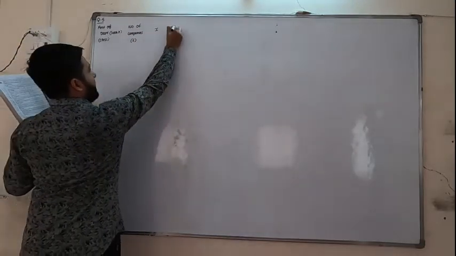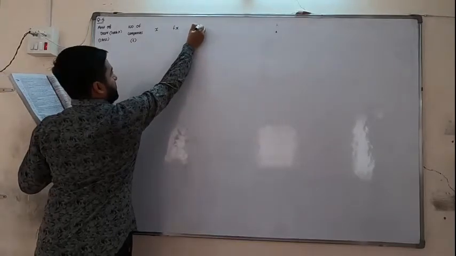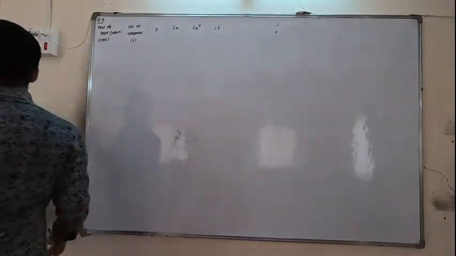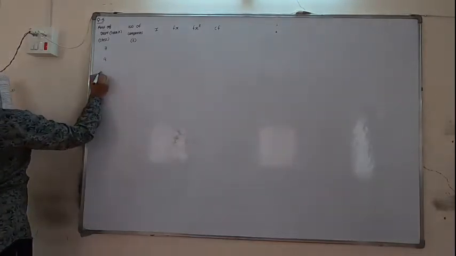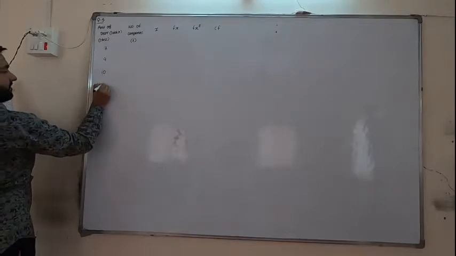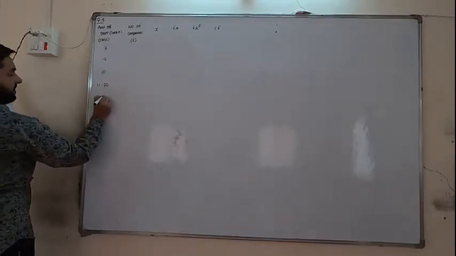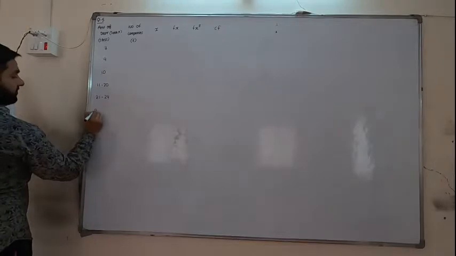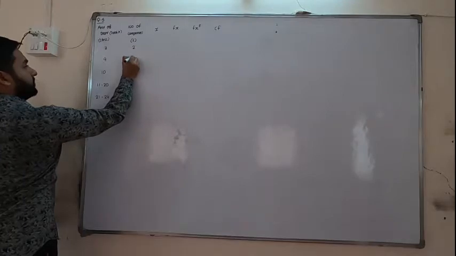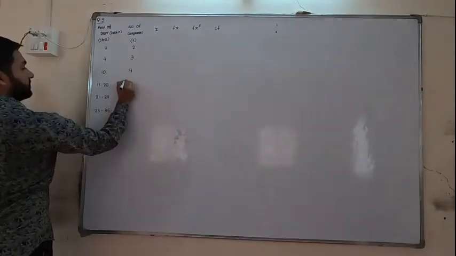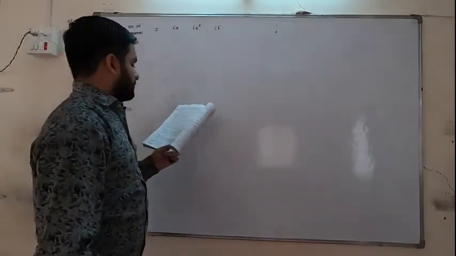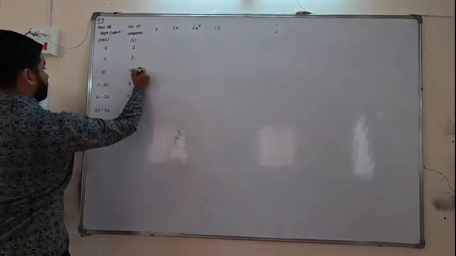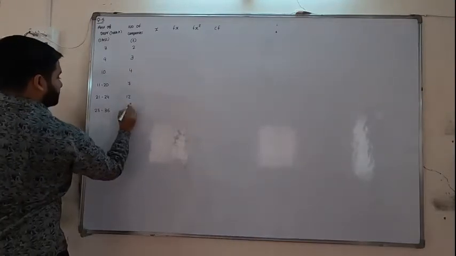We need columns of x, fx, fx square, and cf. 7, 9, 10, 11 to 20, 21 to 24, 25 to 36. Frequencies: 2, 3, 4, 7, 12, 10.